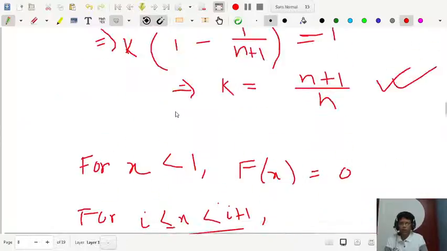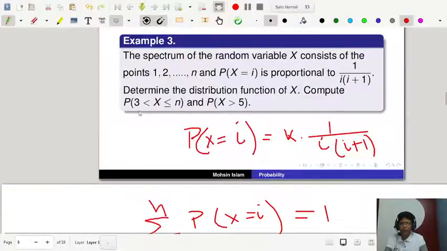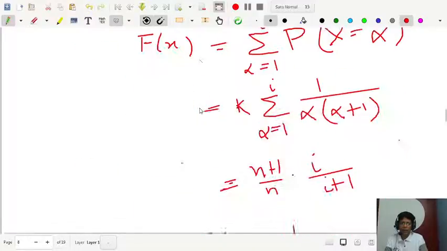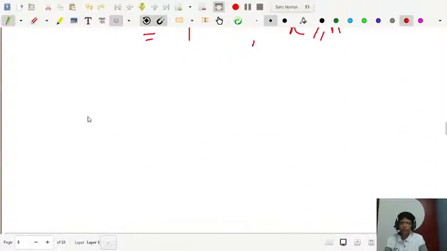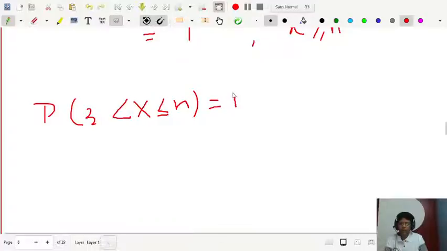Now look at the problem. You have to calculate the probability that 3 is less than x less than or equal to n. So let me calculate the probability. The probability of 3 less than x less than or equal to n is calculated by F(n) minus F(3), using the properties of the distribution function. Already we have covered this in my previous videos.